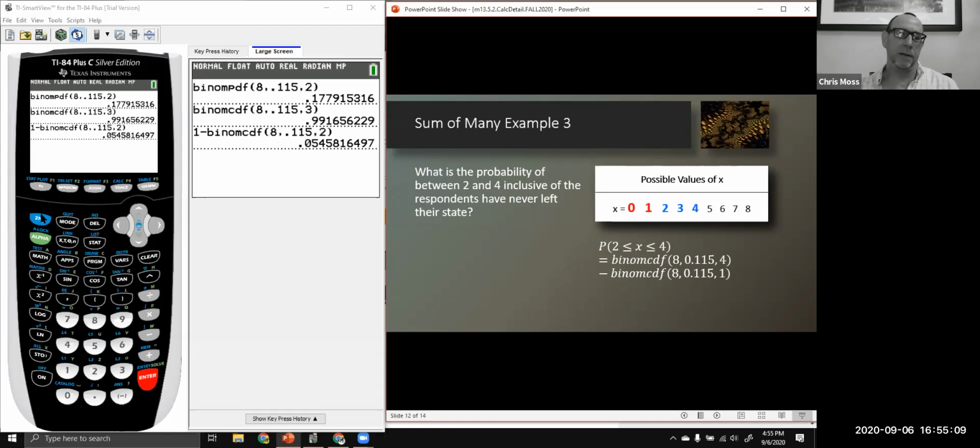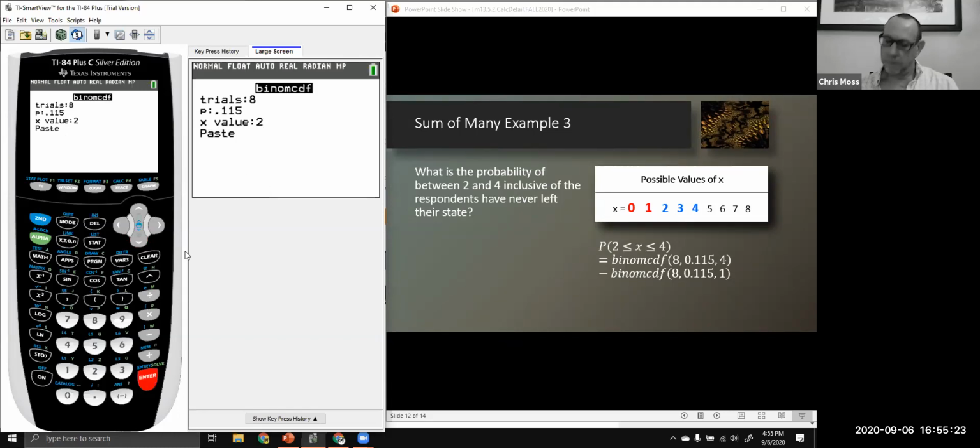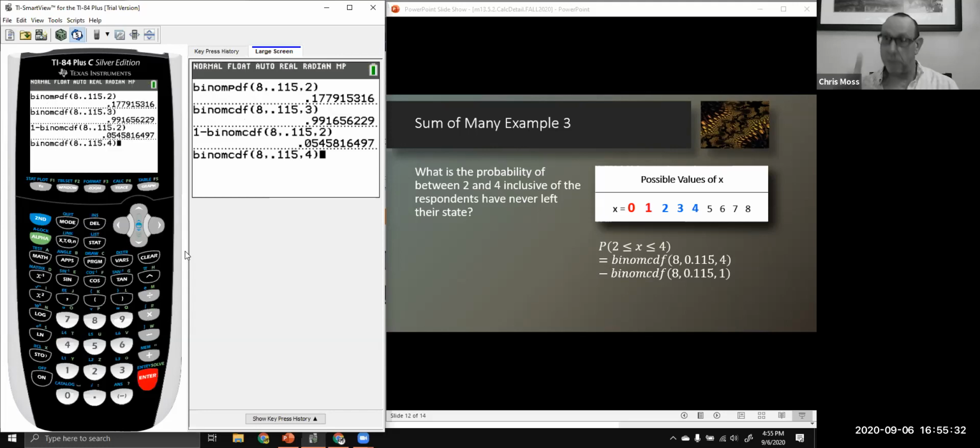Over on Mr. Calculator here, 8, 0.15, not 2 this time. We're going to change that to a 4. All the way up to the 4, we're going to paste that in. I'm not going to hit enter.